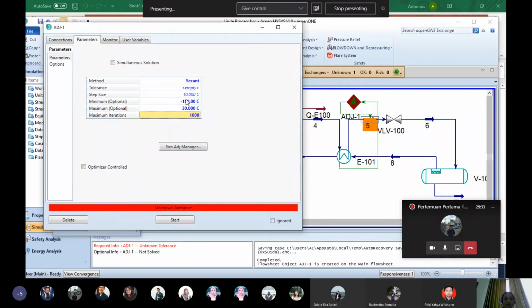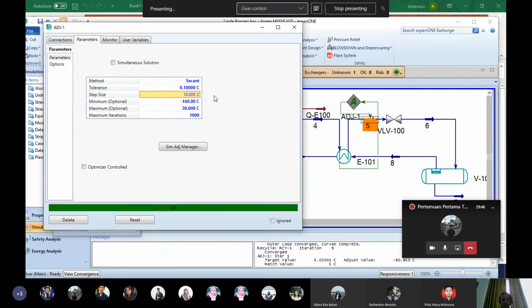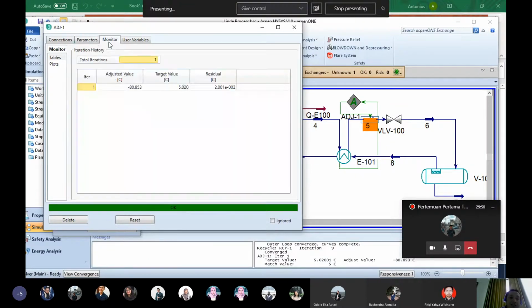I'm still missing the tolerance, so the iteration has not started yet. So I will put the tolerance here as, for example, 0.1. And then it will start the iteration, and we can monitor it here.